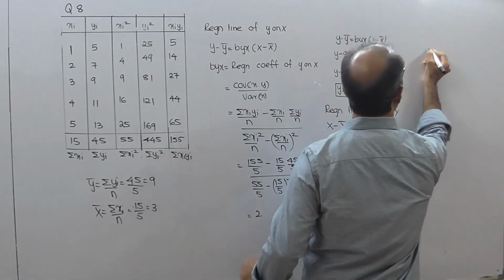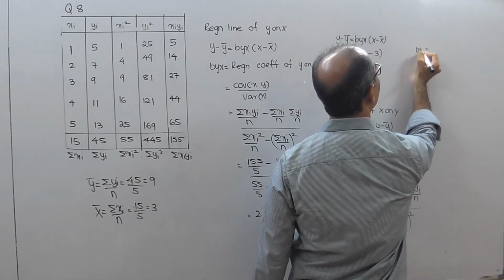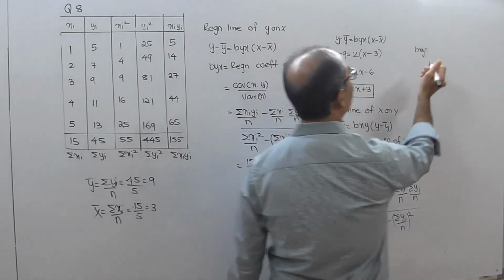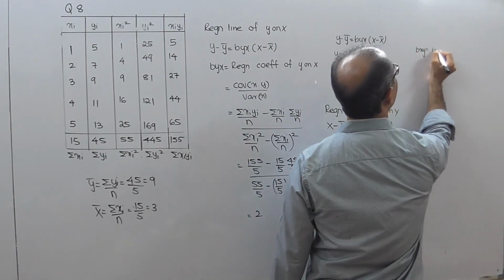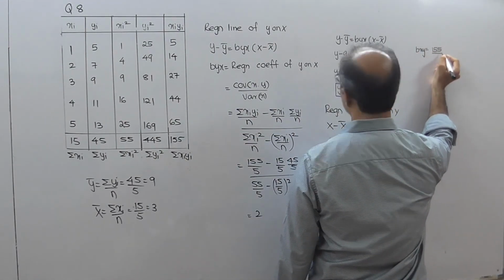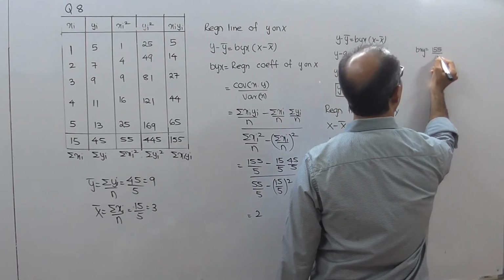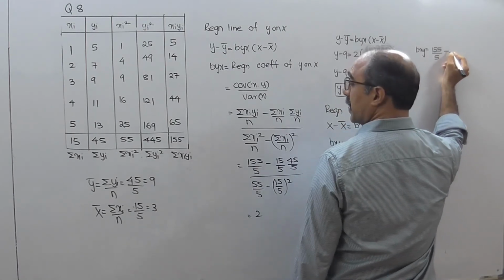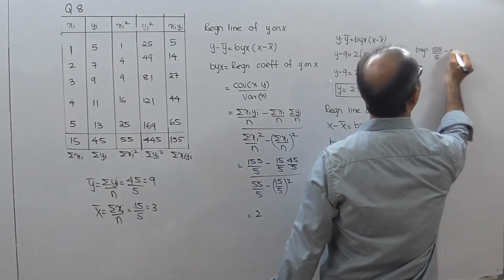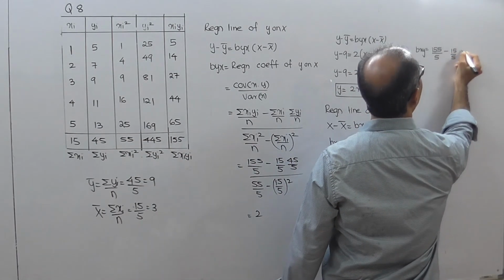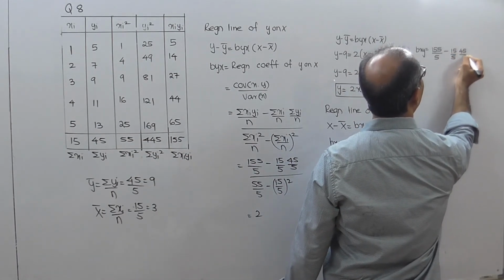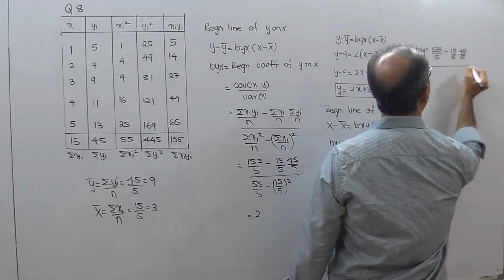So for bxy, sigma xi yi is 155 upon n, which is 5, minus sigma xi, 15 upon 5, times sigma yi, 45 upon 5, right?